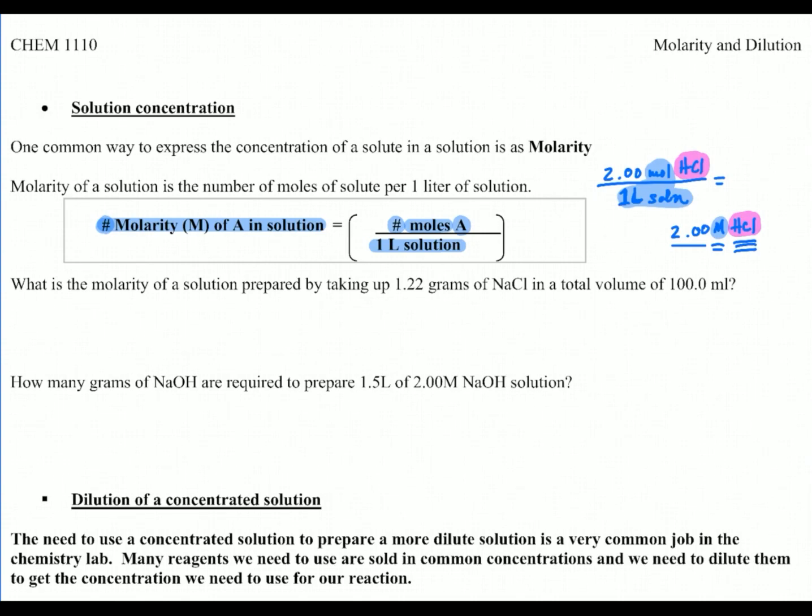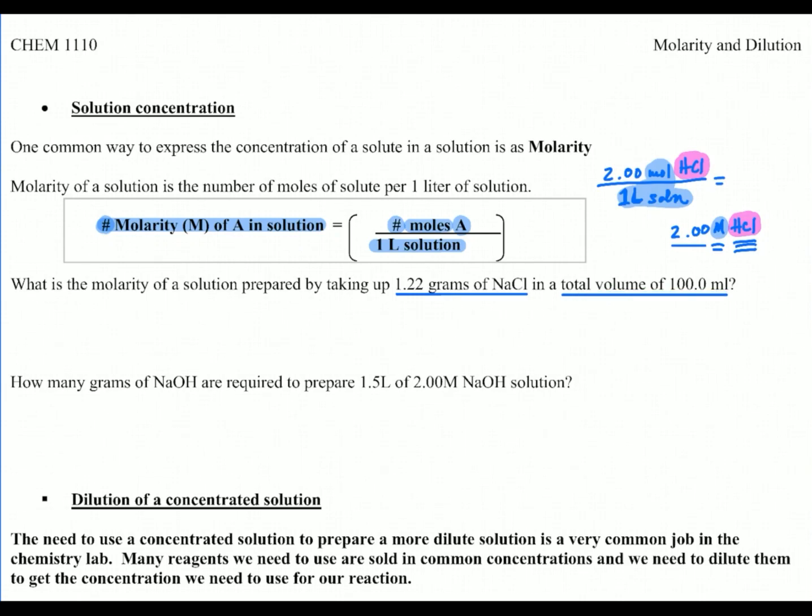All right, let's do some simple problems up front here. What is the molarity of a solution prepared by taking 1.22 grams of sodium chloride in a total volume of 100 milliliters? So the amount of solute is 1.22 grams of sodium chloride, and the total volume of solution is 100 milliliters.